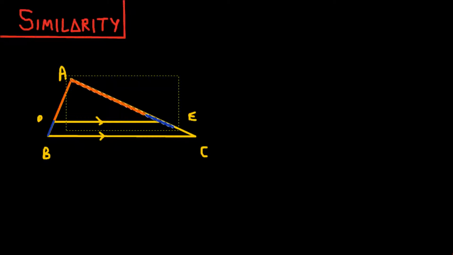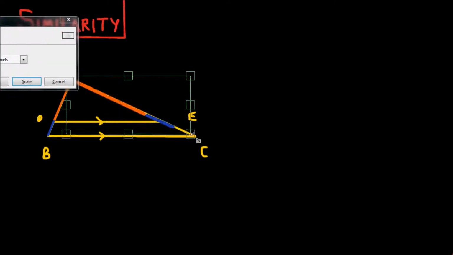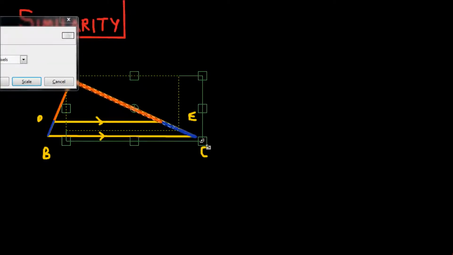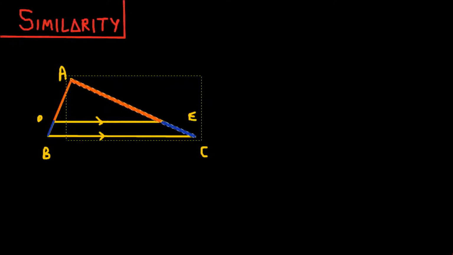And I should also extend it so that the blue part meets C. Yeah, that's fine. So you can see over here, I've extended it, I've rotated it. Now what you see is that the orange and blue over here, they meet at point E.